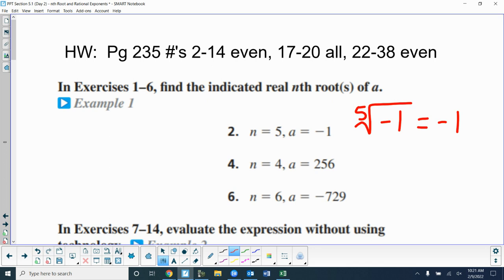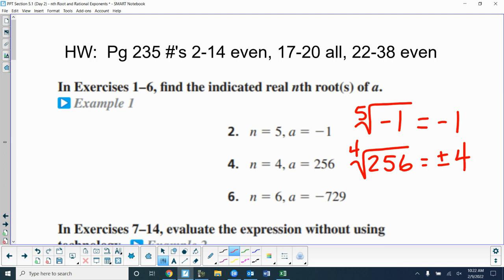All right, this one means the 4th root of 256, right? And it's positive and even, so is there a root? There's actually 2 roots, right? And what'd that come out to? 4.